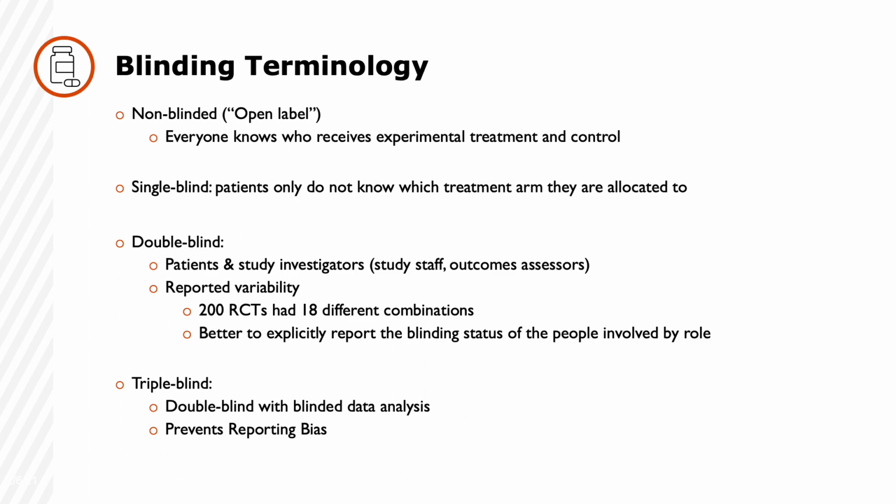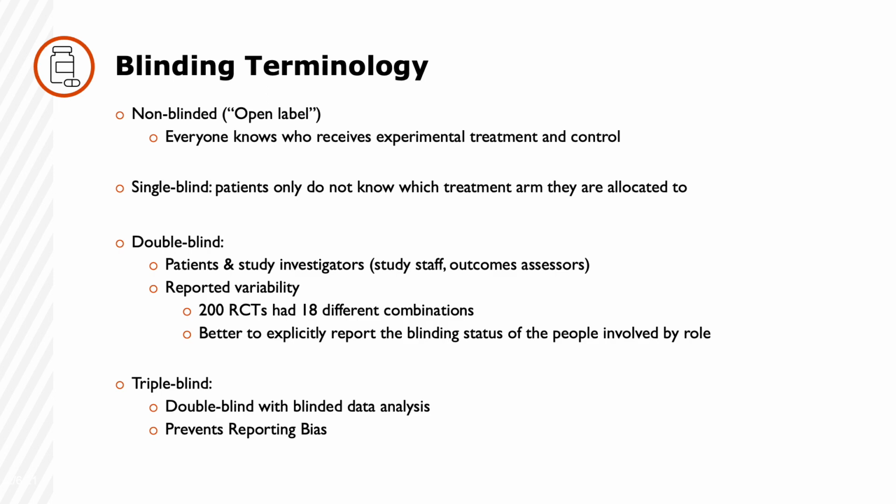There is some reported variability in this, though. It is important that the protocol and/or the publication clearly outlines what is meant by double blind: which study investigators, which study staff, outcome assessors, clinicians are specifically blinded. In one evaluation across 200 randomized control trials, there were 18 different possible combinations of double blind.